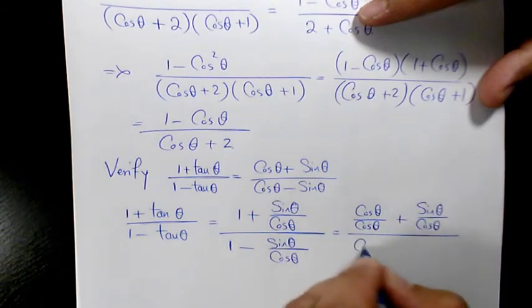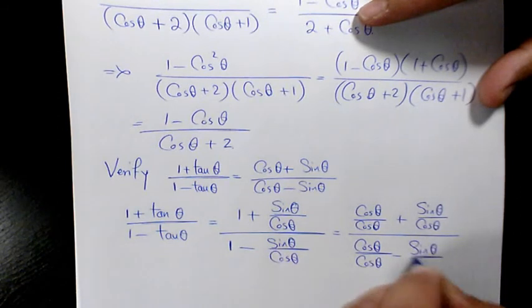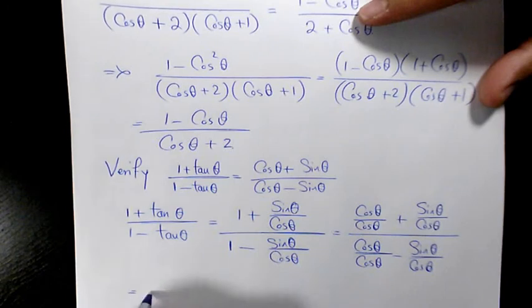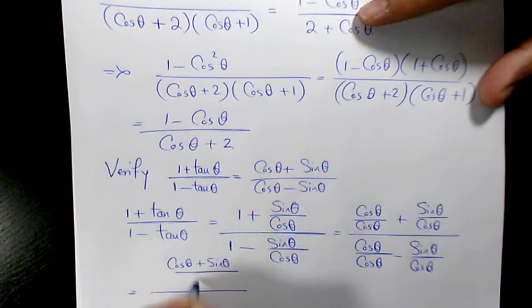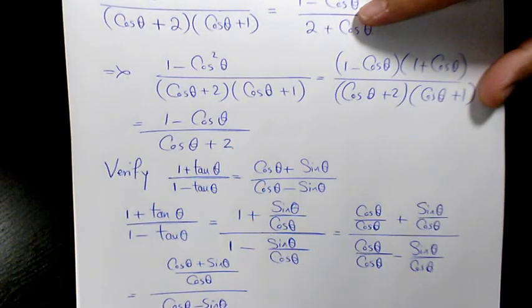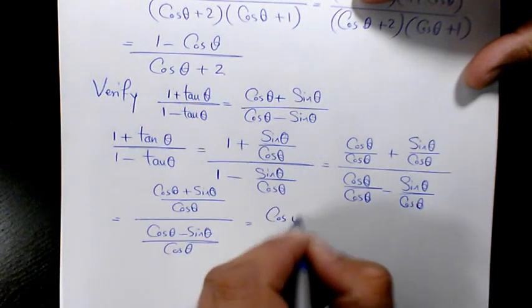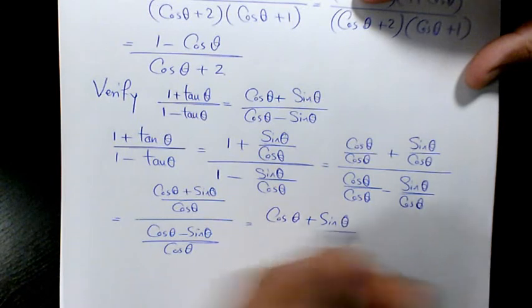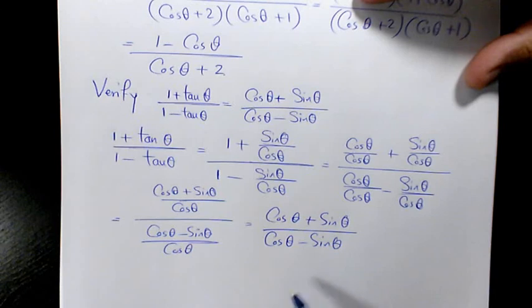Here we do the same thing, cosine theta over cosine theta minus sine theta over cosine theta, which will be cosine theta plus sine theta over cosine theta, cosine theta minus sine theta over cosine theta. These two cancel out, and we're going to end up having cosine theta plus sine theta over cosine theta minus sine theta. That's exactly what you have on the right hand side of this equation.